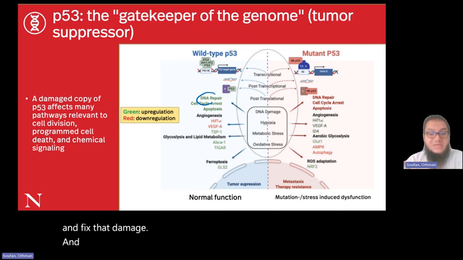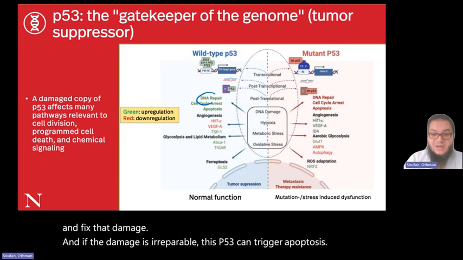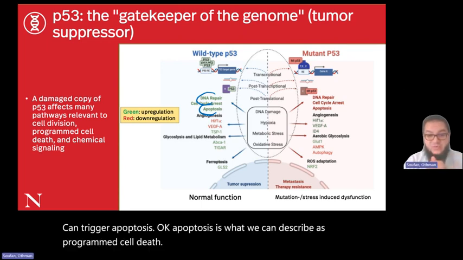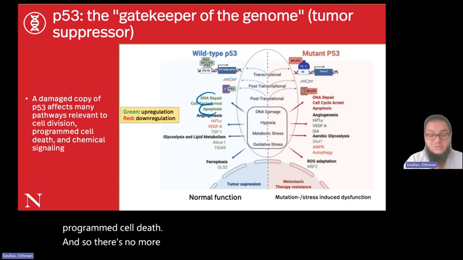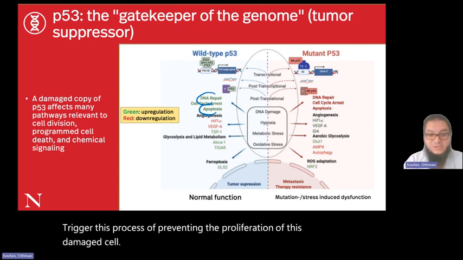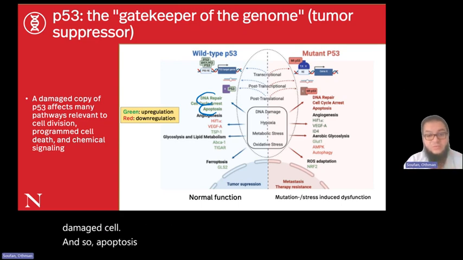And if the damage is irreparable, p53 can trigger apoptosis, which is programmed cell death. There's no more point in fixing that part, so it triggers this process to prevent the proliferation of the damaged cell. So apoptosis is another process where p53 plays a key role.